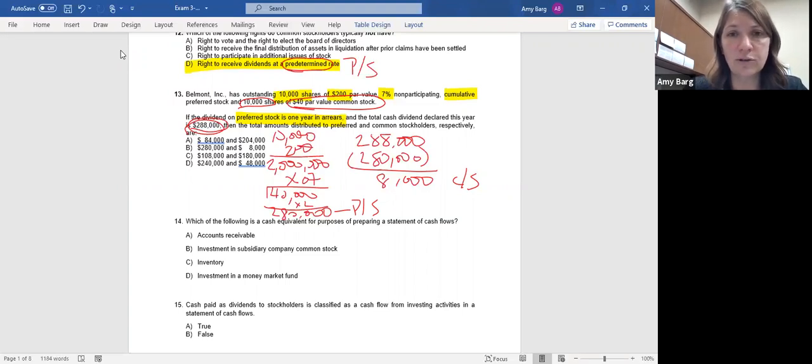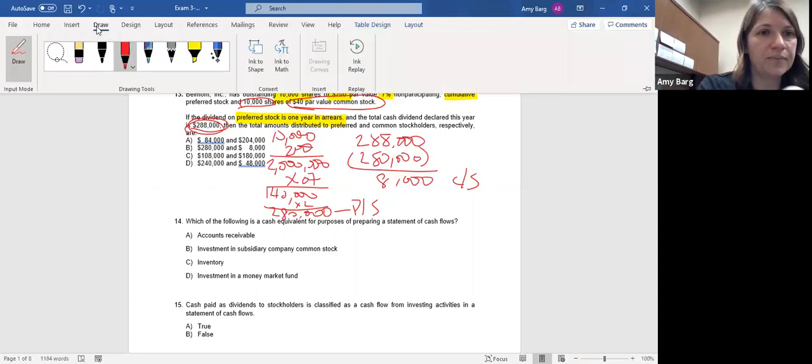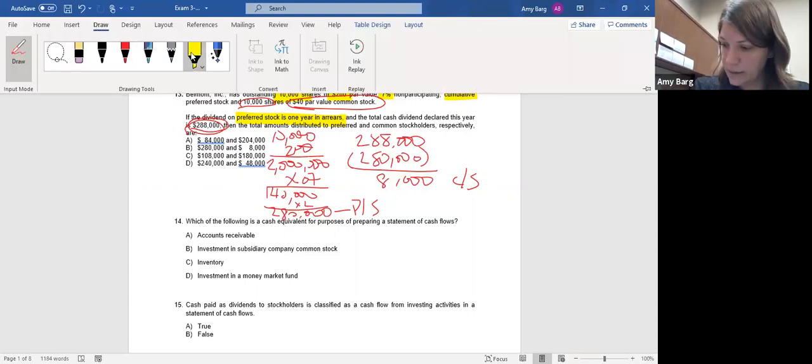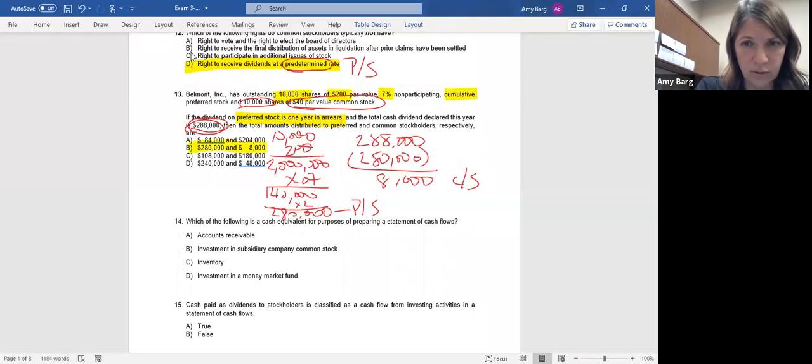The common stockholders don't get a predetermined rate. They get their dividends after the preferred stockholders. The preferred stockholders are preferred for a reason. So the answer here is $280,000 to the preferred stockholders, because it says respectively up here, and then $8,000 to the common stockholders.